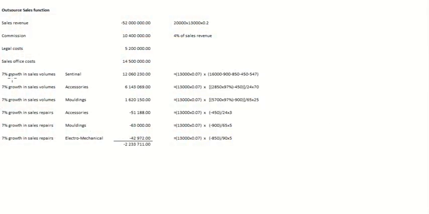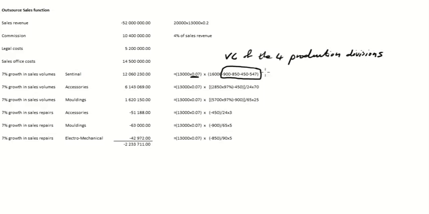So this 7% growth in sales volumes, we see the 7% increase here, and then these four numbers represent the variable costs of the four production divisions, which I've just shown you, where all those components need to be manufactured in order to supply enough components for the 7% increase. So that comes through in these numbers.